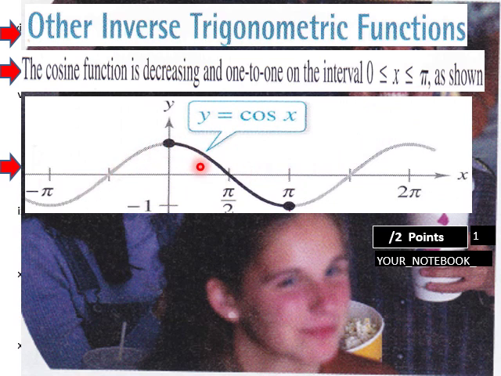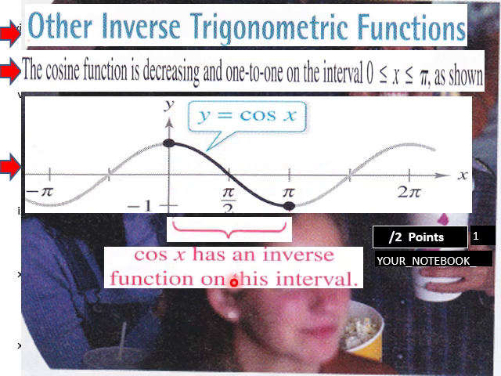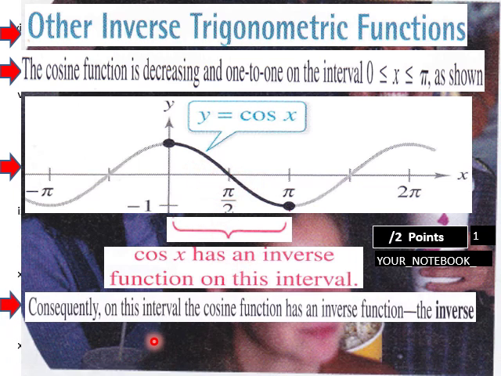So here's our cosine function, and on this interval it would be 1 to 1. Cosine x has an inverse function on this interval. So on this interval it would be 1 to 1, so it will have an inverse function. Consequently, on this interval, the cosine function has an inverse function.